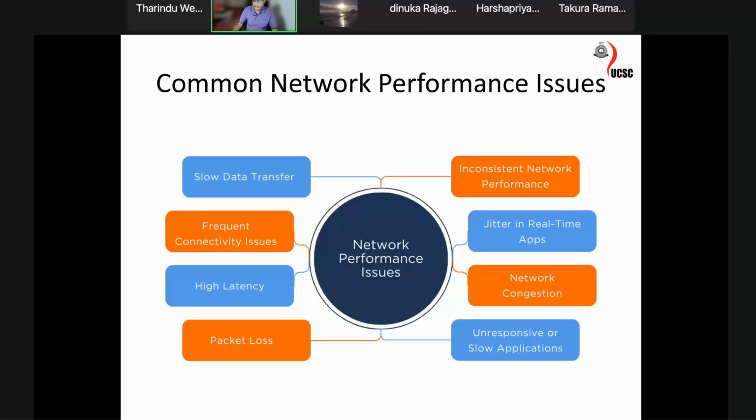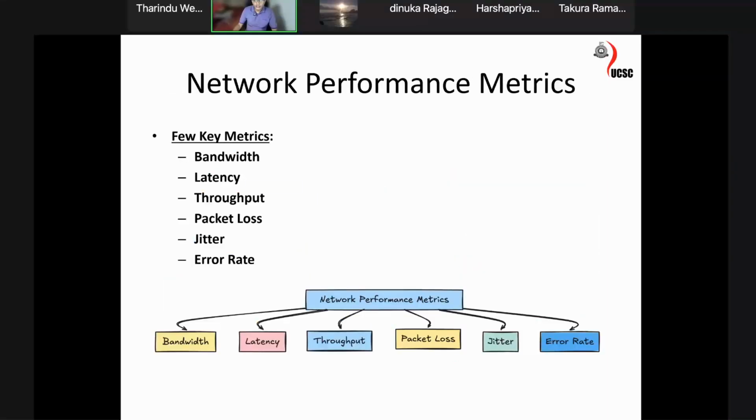Let's go to the details in terms of network performance metrics. We are discussing these key metrics: bandwidth, latency, throughput, packet loss, jitter, error rate. Unfortunately, we can't go into a deep dive of all six, but I will select one of these, which is latency.